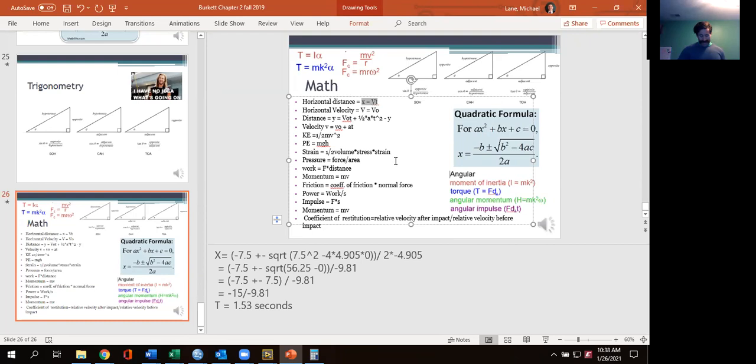I got the 2.88 seconds whenever I ran that 14.14 vertical velocity with a term, remember like we did before, the quadratic formula of 4.905 and then an intercept of 0.